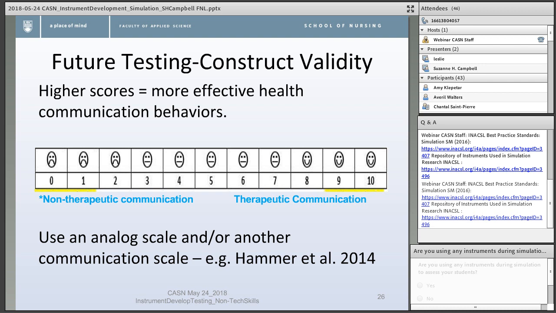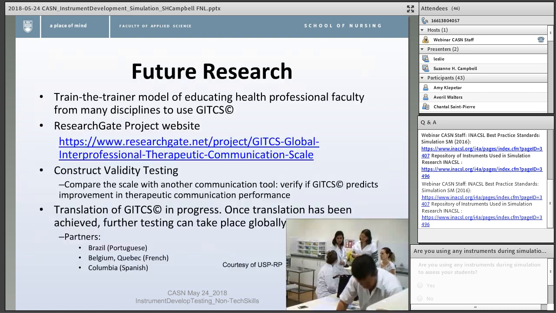I'm not sure that there's a rubric for measurement associated with it, but it does differentiate therapeutic and non-therapeutic communication. So what you want to do is find a semi-similar instrument and then use your instrument and that instrument in an identical situation of evaluation and compare to see whether they are getting similar measures.